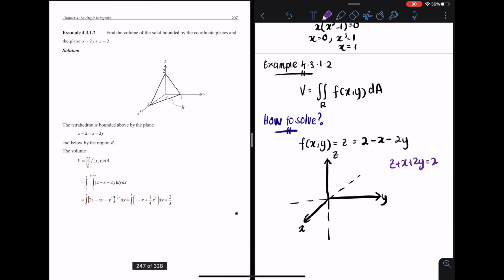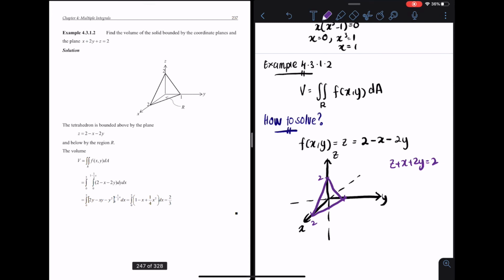By determining the x, y and z intercepts, you are able to sketch the plane. So z is equal to 2, x is equal to 2 and y is equal to 1. So this is your plane in 3D, and don't forget it lies in the first octant only because it is bounded by all coordinate planes, such as the xy plane, yz plane and xz plane.